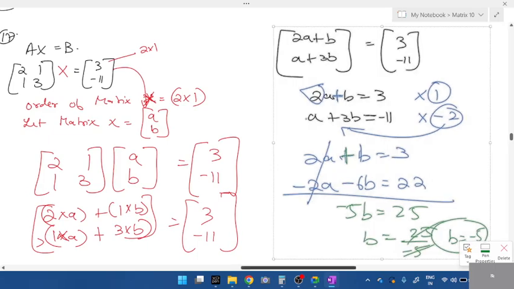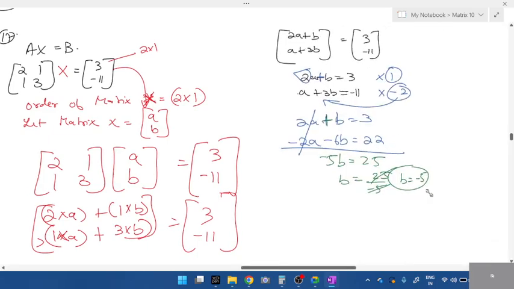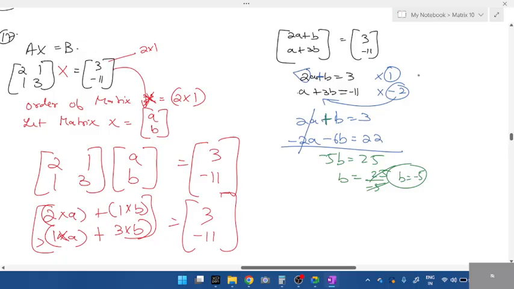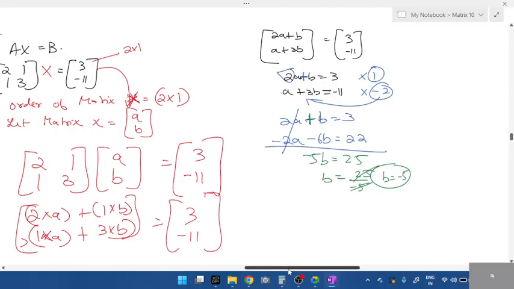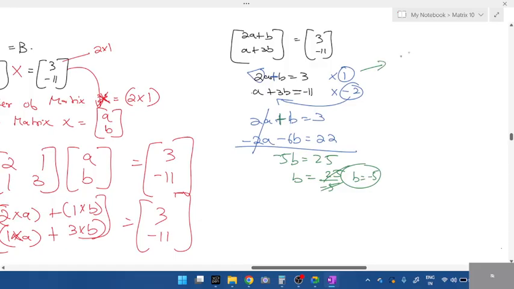Yes, minus 5. Substitute in any one of the equations. See, I'll take this equation. And one more thing, this is just rough work that I'm writing, students. Write it neatly. In the board exam, it has to be neat. Once you write B is equal to minus 5, write here: substitute B is equal to minus 5 in the equation 2A plus B is equal to 3, or the second one.